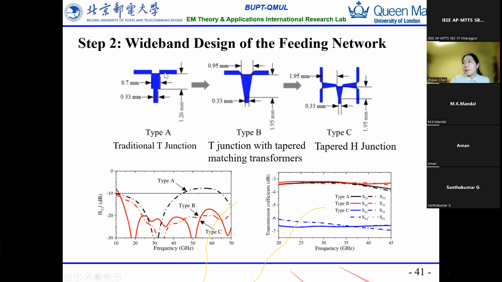And here is the wideband design of the feeding network. The conventional one has a narrow bandwidth, and we optimized this structure and extended its bandwidth to more than 100%. Here is the input, and here are the four outputs, and the output is very stable, which means the power division is balanced in phase and amplitude.